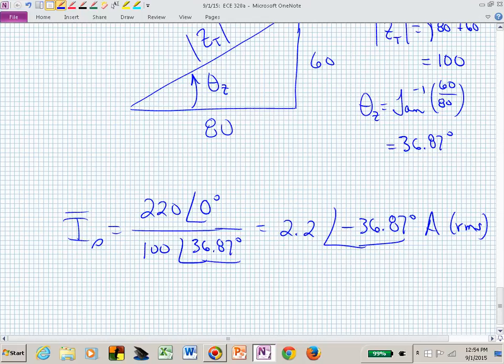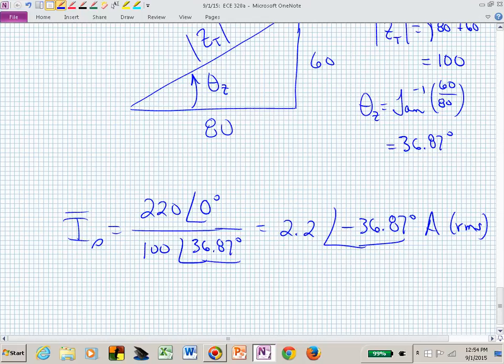And it's a complex phasor. It has a magnitude of 2.2 amps and an angle of minus 36 or 37. Does minus 37 seem correct or in the right direction for this circuit? Can you sort of check your work as you're working through this problem? Does minus 37 seem okay?